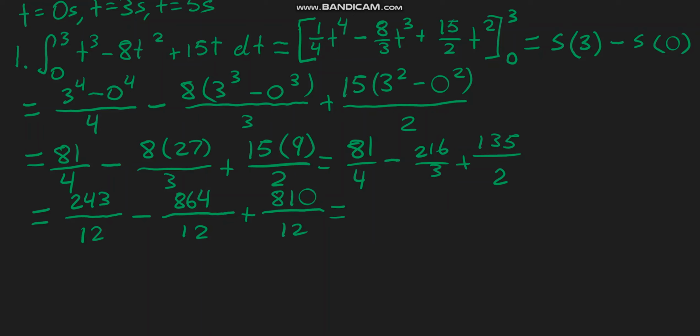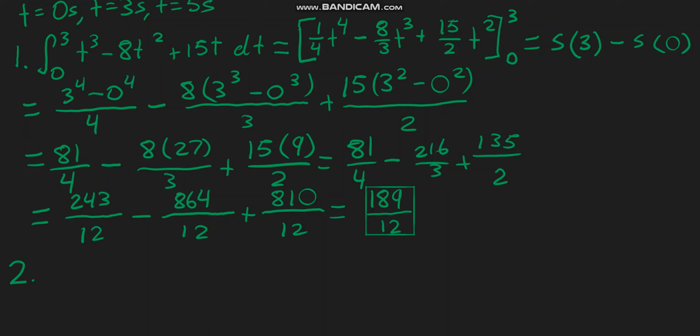Then 243 minus 54: 240 minus 50 is 190, 193 minus 4 is 189. So for this, we have 189 over 12. We're just going to box this so we know this is what we have.